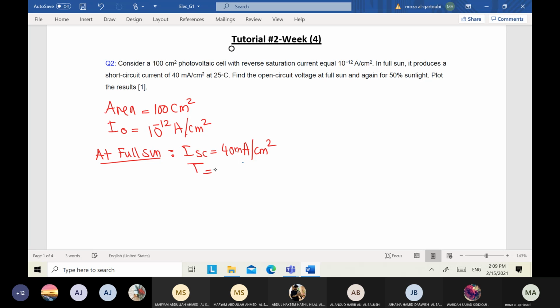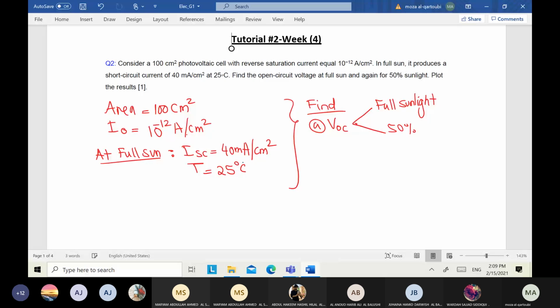Also given temperature equal 25 degrees C. And asked to find, in the first part, V open circuit at full sunlight, 100% of sunlight, then at 50% of sunlight. Then in part B, asked to plot or sketch the result.